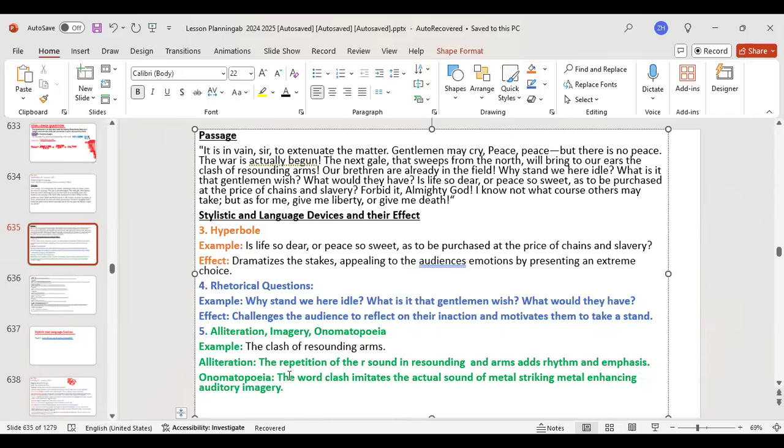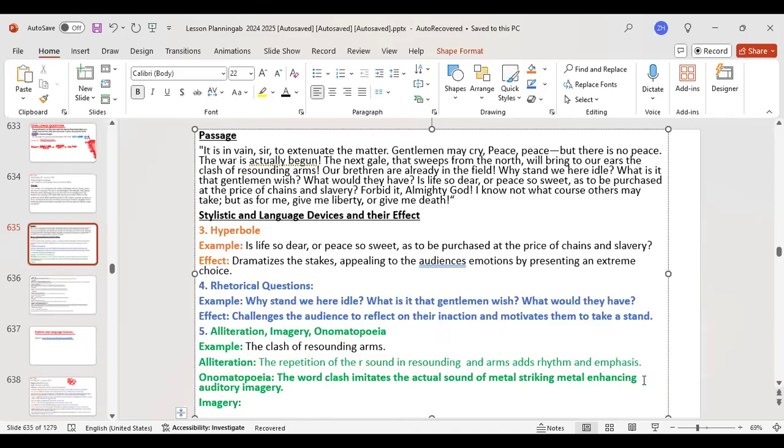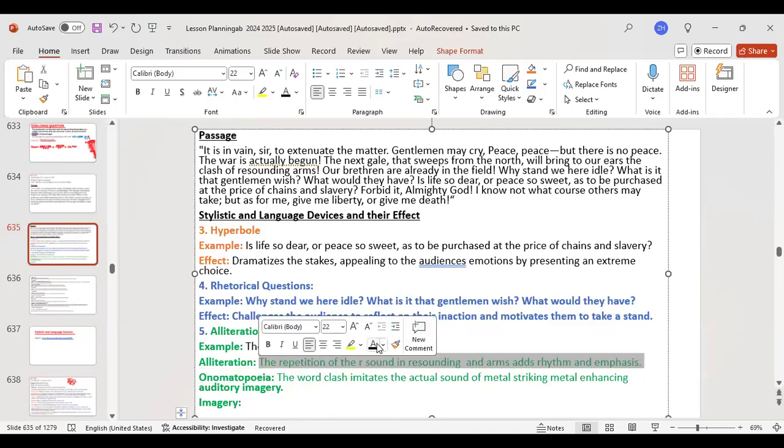When we say auditory imagery, we mean with your ears, the sound you picture in your head, basically. It's the sound that you could hear. So when we say the clash, it sounds like war. The clash of resounding arms. Like, wow. Right? And so that is that.